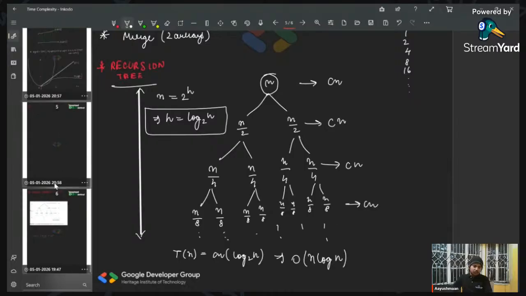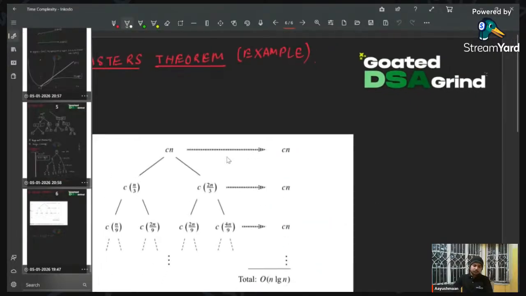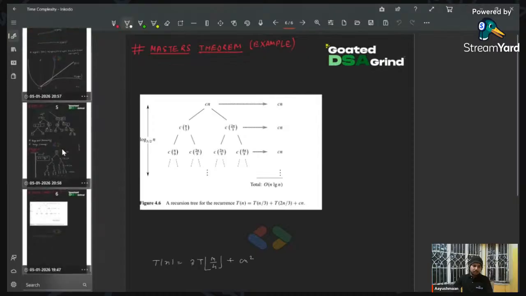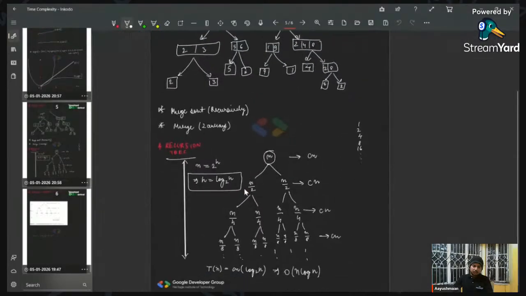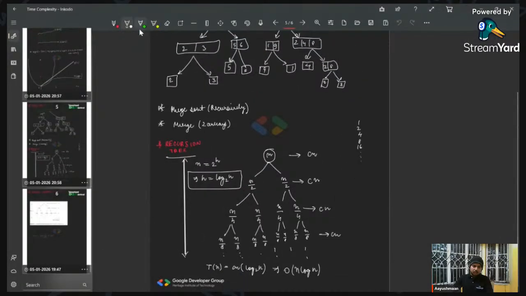Now I had already prepared this slide for you. Master's theorem, let's quickly get on to the Master's theorem. I also have to discuss one question and then we'll be leaving the session. So yeah, you can wait for some time. Okay.